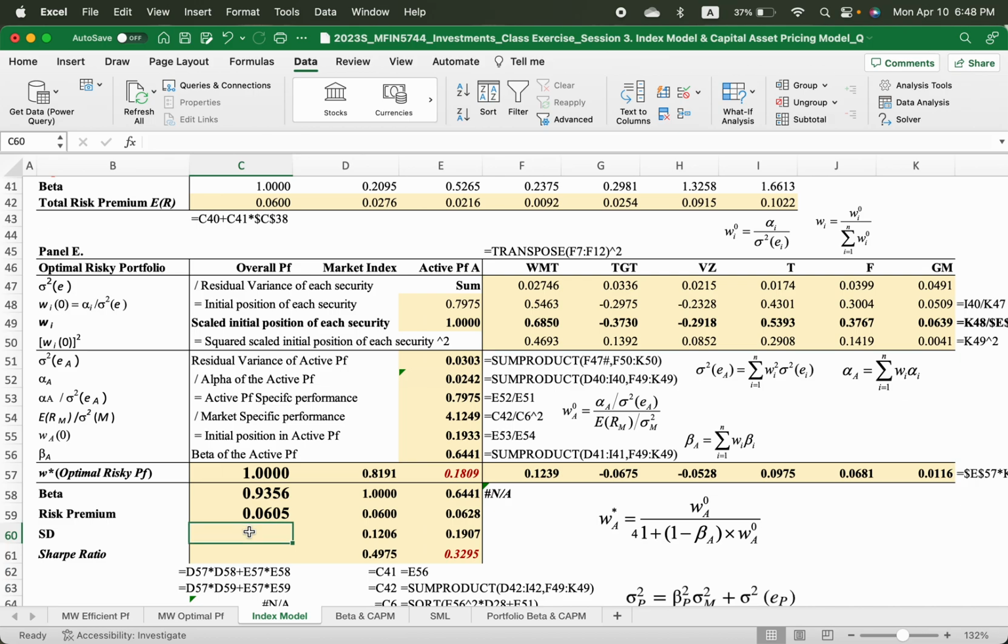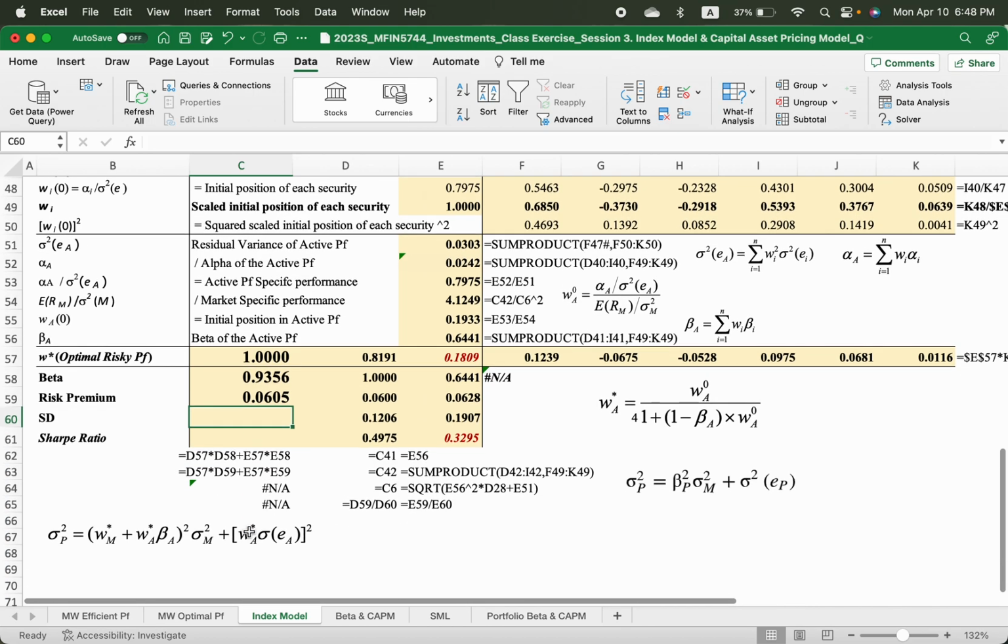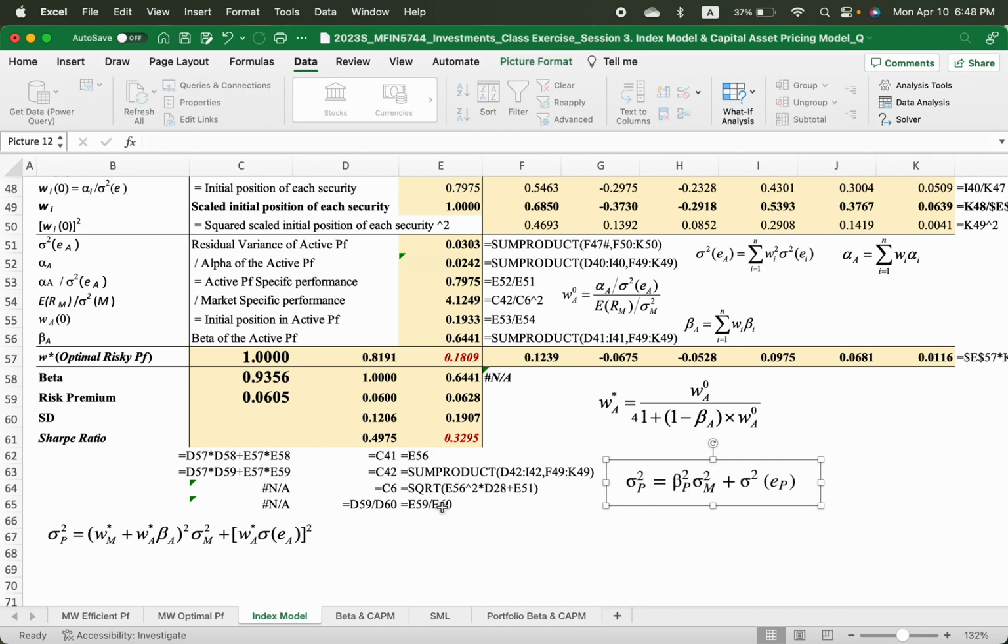So standard deviation, how to calculate it? Now, we need to develop this equation with the weight of the market. There's no beta of the market because it's just one.